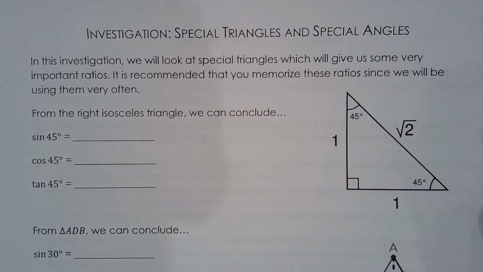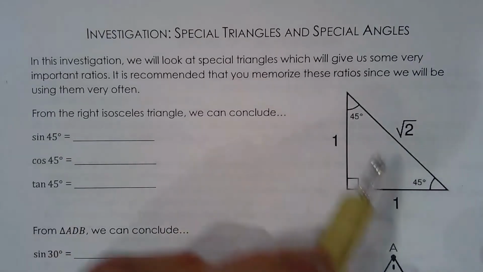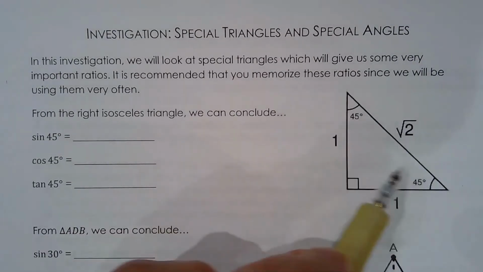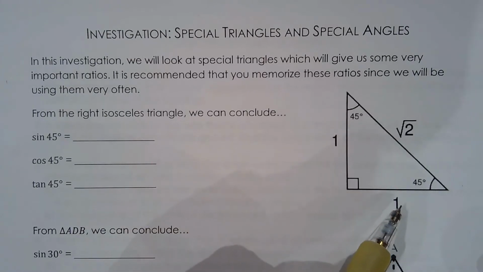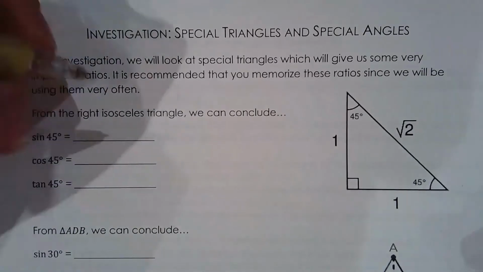So from grade 10, we learned the definitions of the primary trig ratios. Sine is opposite over hypotenuse, cosine is adjacent over hypotenuse, and tan is opposite over adjacent. So sine 45 degrees, it doesn't matter which 45 degree angle you look at, you'll get opposite over hypotenuse, which is 1 over root 2.